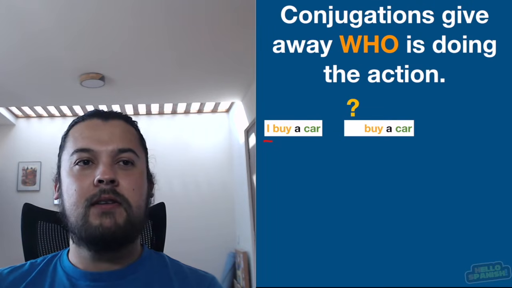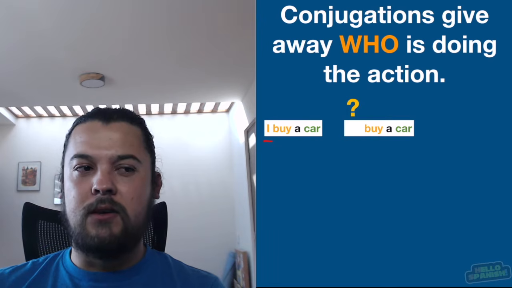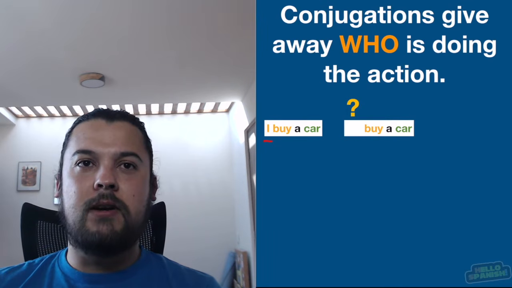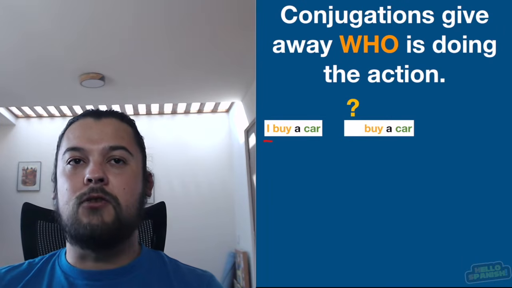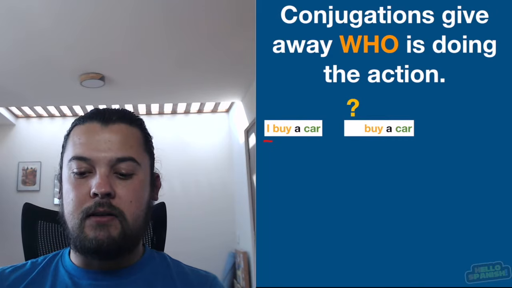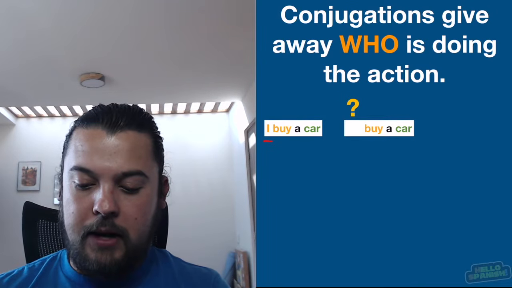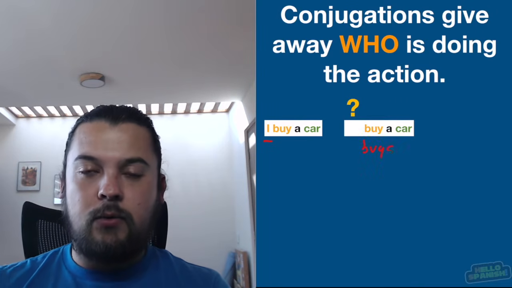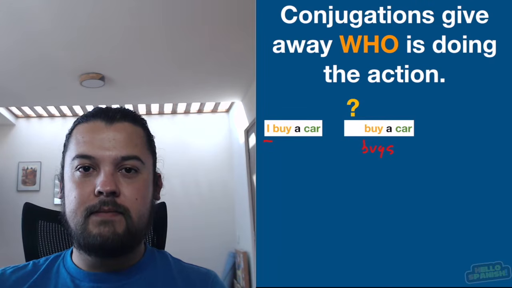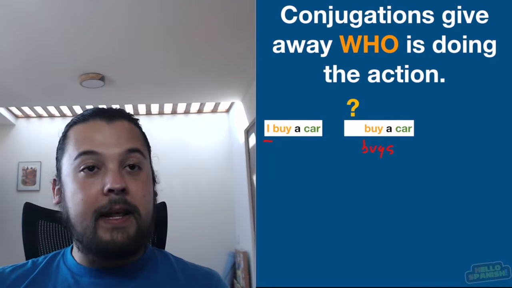It could be I, or it could be you, or it could be we, even they, right? Obviously, it cannot be he or she, or even it, because it doesn't have an S. But even if we put here buys, we wouldn't know who's doing the action. English requires the subject.